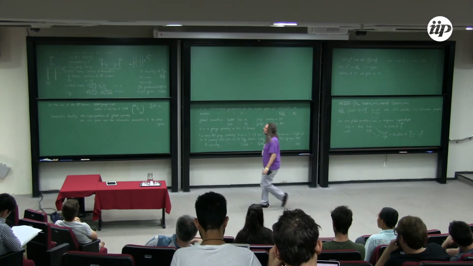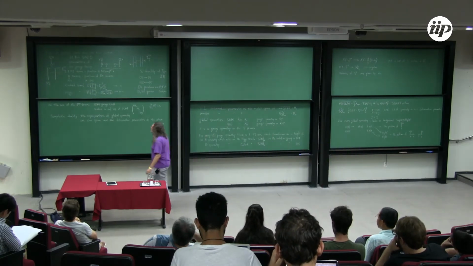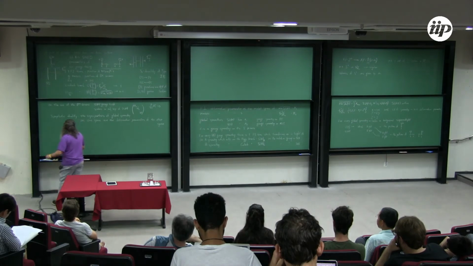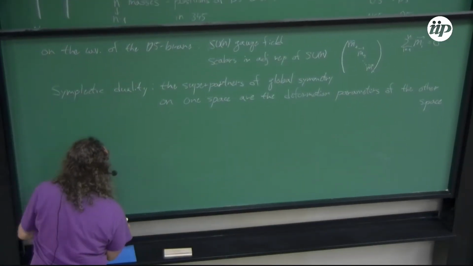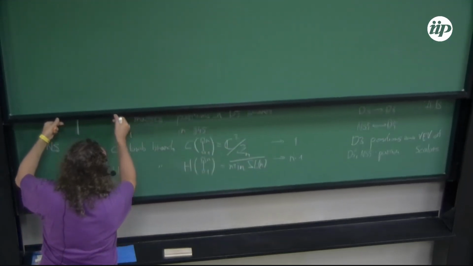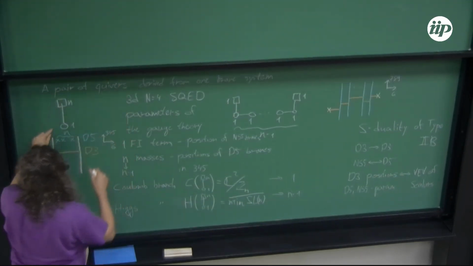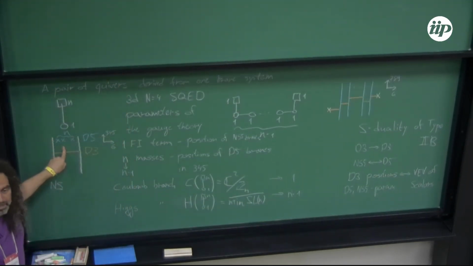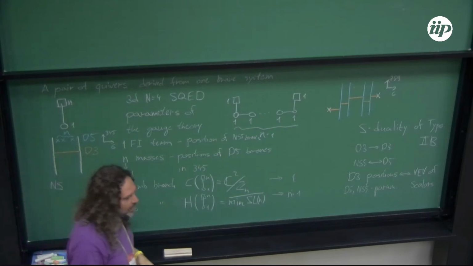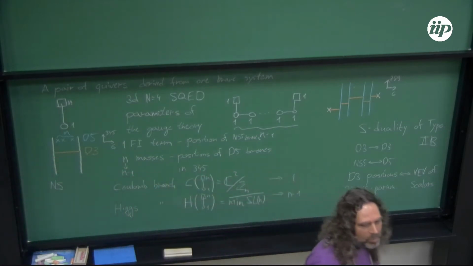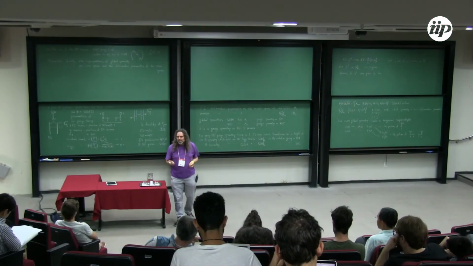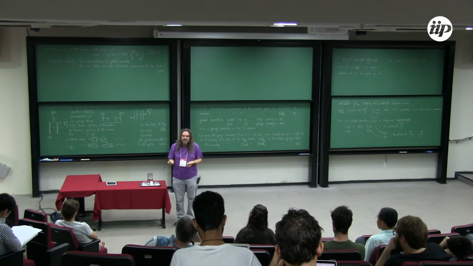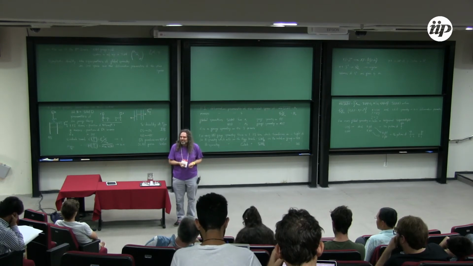Very good. So that's a very important question, right? So remember that I'm dealing here with D5 branes, right? What is the world volume theory of the D5 brane? It has a gauge field, but it is a supersymmetric theory. So there are scalar superpartners, right?